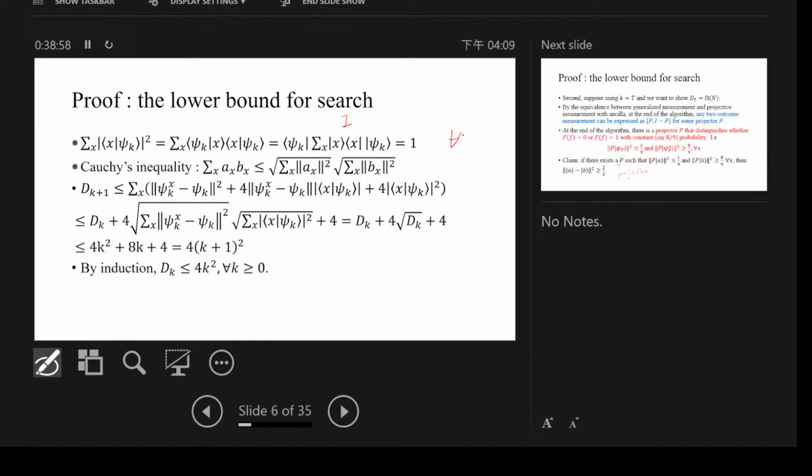I guess this is a nice part of this proof, where we get rid of the dependence on psi k, because after you sum over x, this equals 1. No matter how bad you pick your psi k, it will be 1.